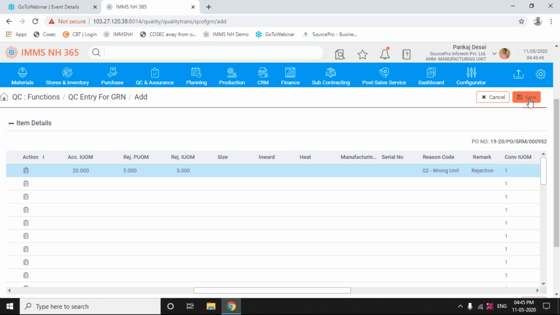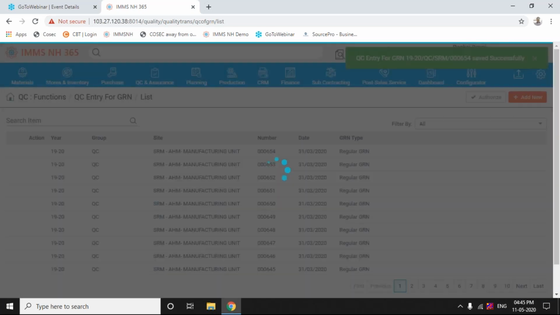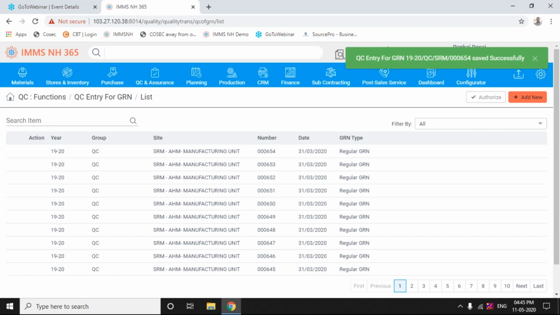And when you save on the right screen, there will be a QC document generated in continuation, as a logical link to the GRN. As you can see on your top screen in green color, QC entry for GRN 654 saved successfully.